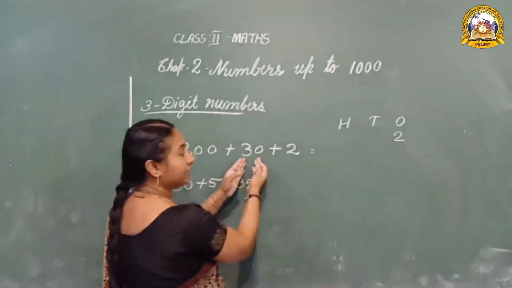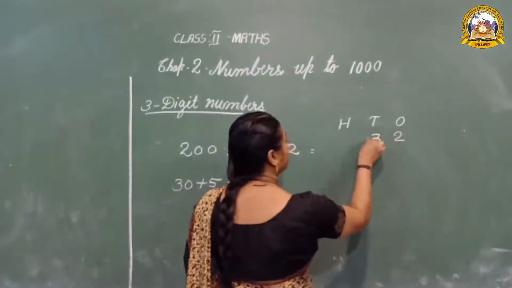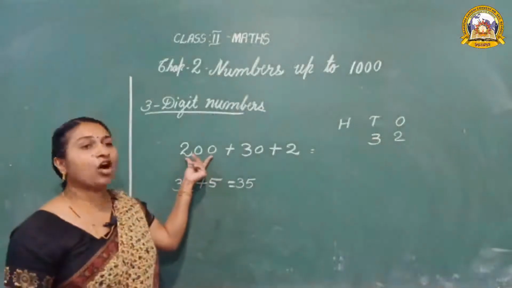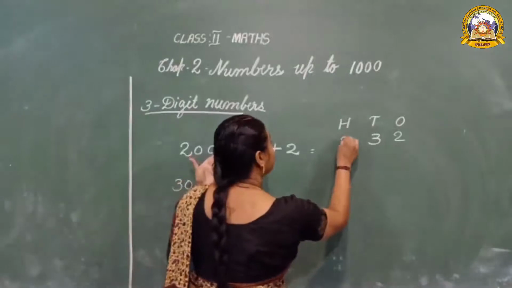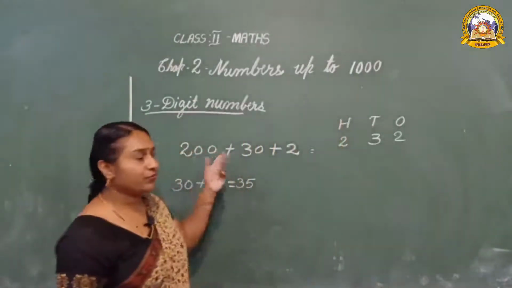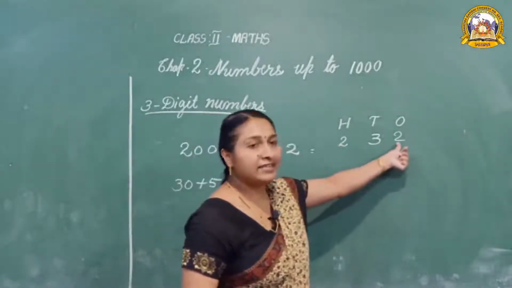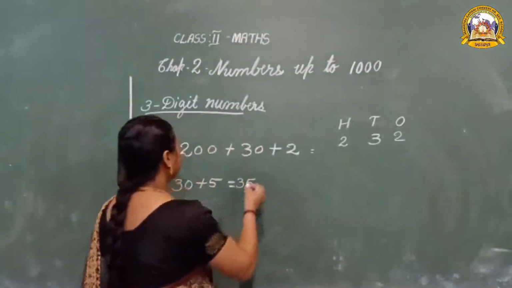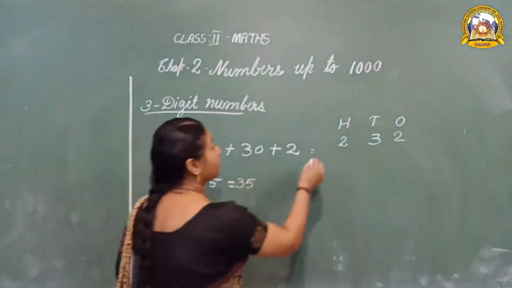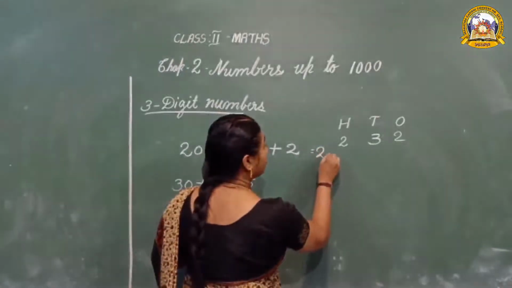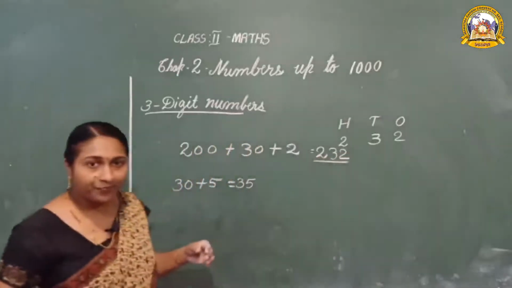How many tens are there in 30? 3 tens. In 200, how many hundreds are there? 2 hundreds. Which is this number? Read it. 232. Did you get it?